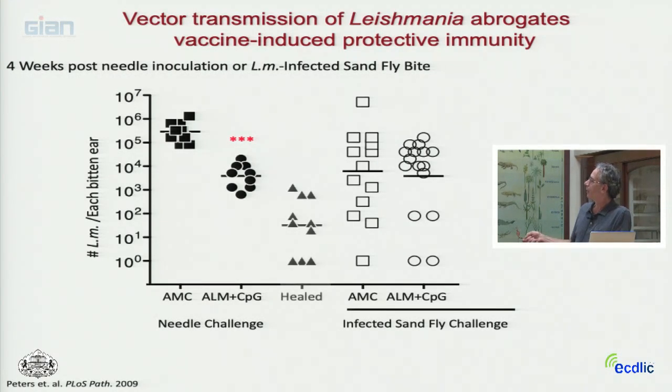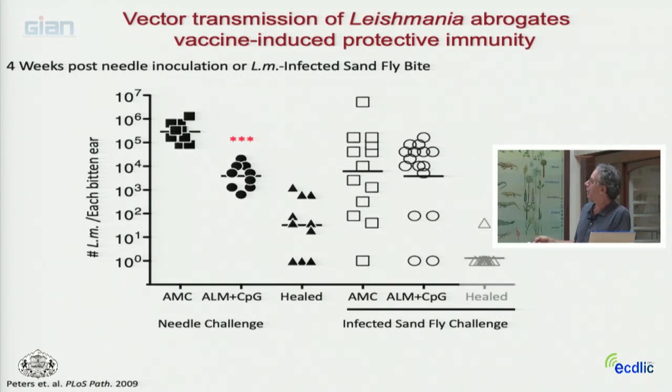But importantly, if you take the healed mice that have had a primary infection that healed, it confers much stronger protection. Now there's just between 10 and 100 parasites in that challenge site. So it's really strong protection compared to that conferred by the killed vaccine.